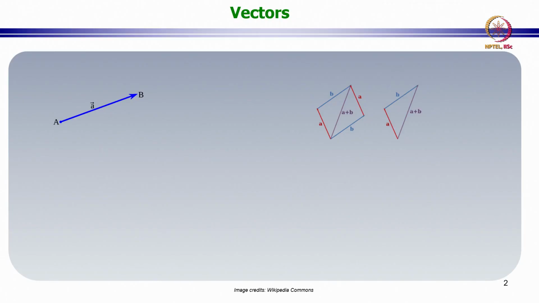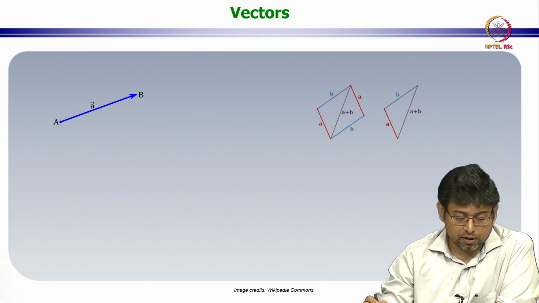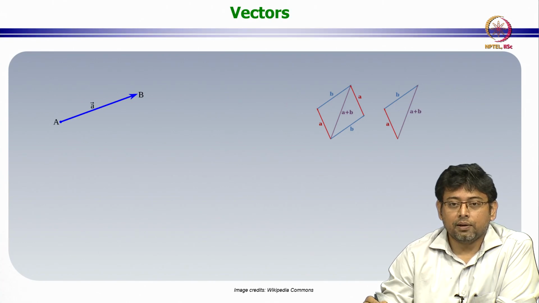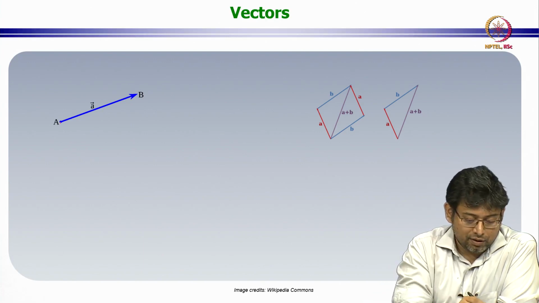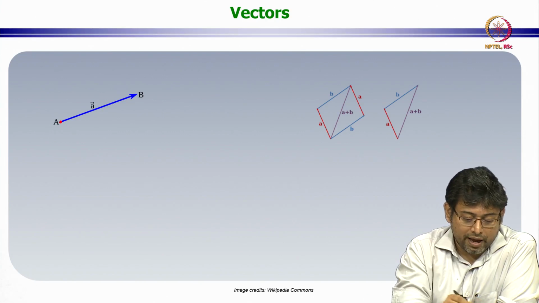Now, vector spaces. The word vector is something I hope almost everybody taking this course is familiar with. When we are young, we are taught that a vector is an arrow. So it looks something like this. You have, let's say, a point A and you have another point B, and you want to draw a vector joining them.